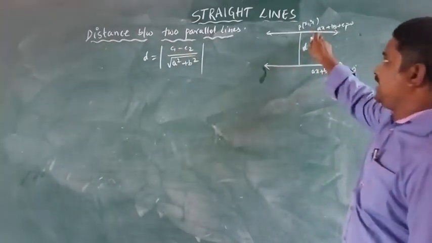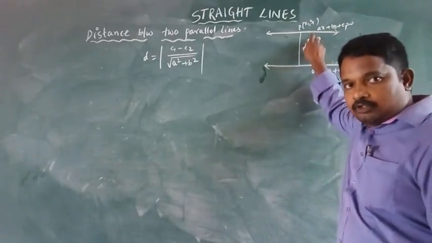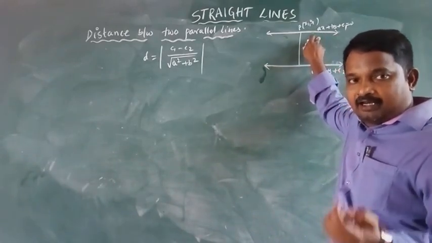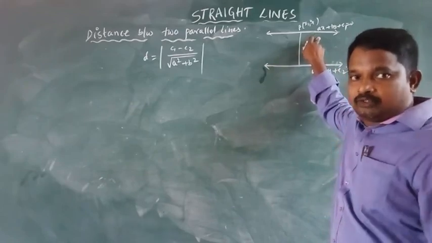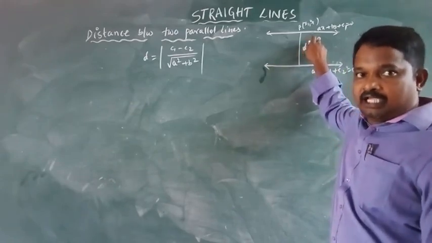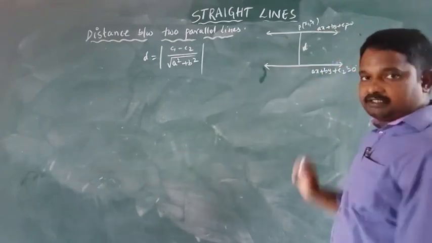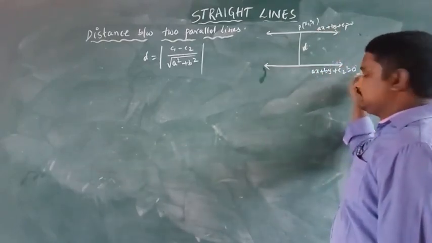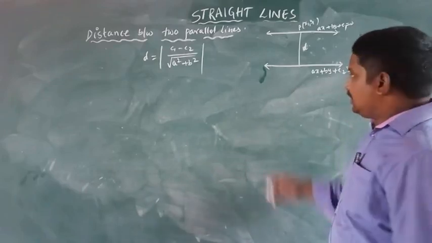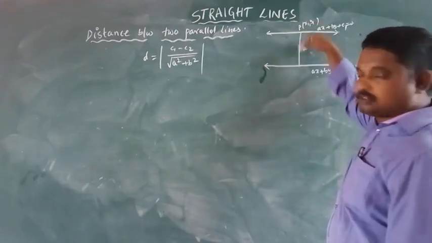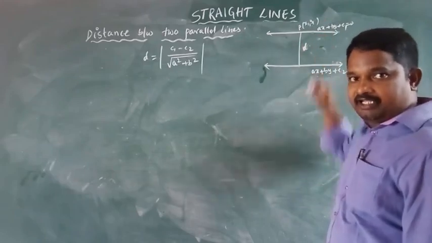So I am taking two parallel lines. See here, we know that the difference between parallel lines is only in the constants; the remaining all we may write as it is. So I am taking two lines: ax + by + c1 = 0 and ax + by + c2 = 0. I want to find the distance between these two parallel lines, which I am taking as d.